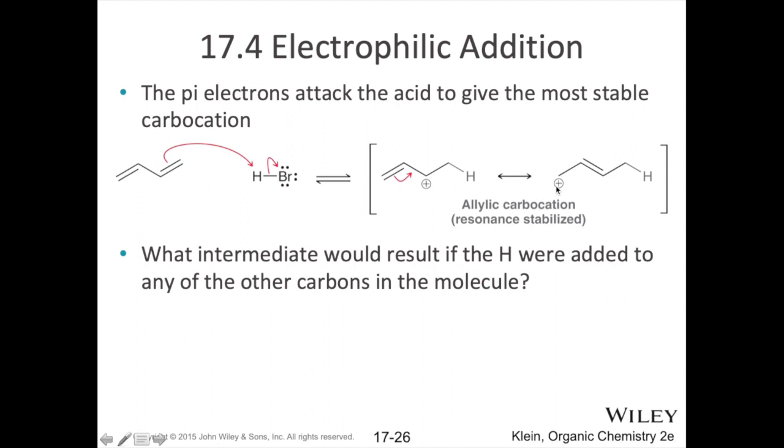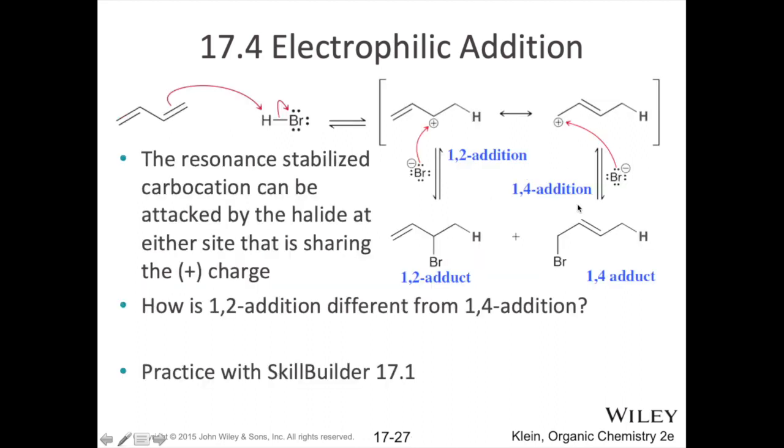Okay, now if you're saying to yourself, wait a minute, isn't that a primary site? Isn't that less stable? Again, don't forget that that resonance stabilizes that. That primary carbocation there is not the same as if we had a primary carbocation over here. Okay, all right. So that's where we get our two products from.